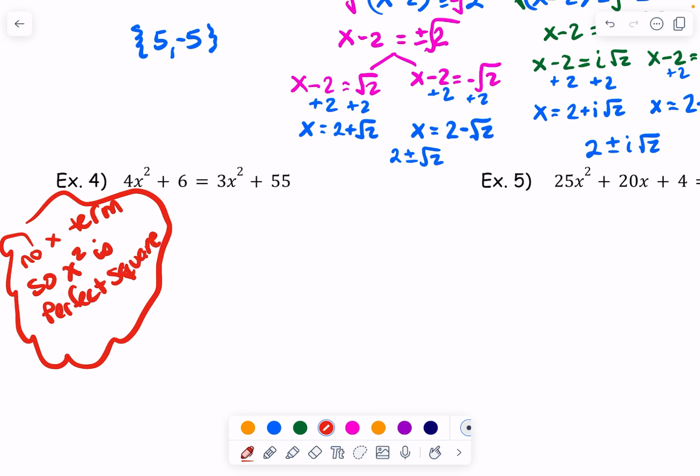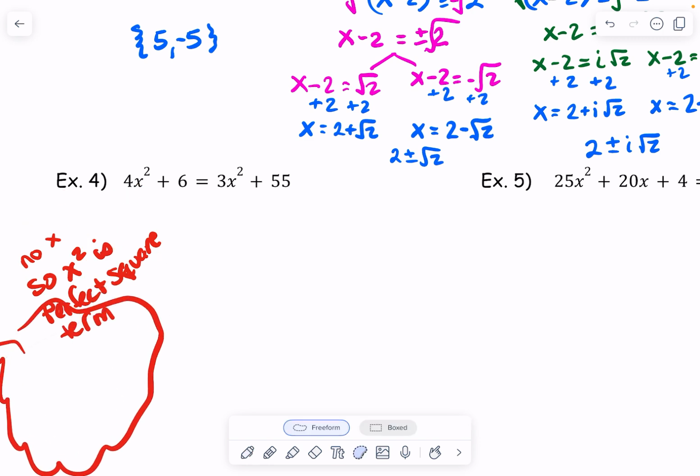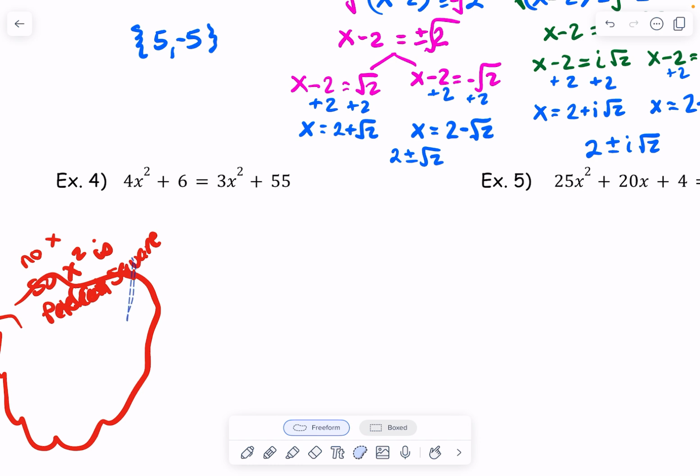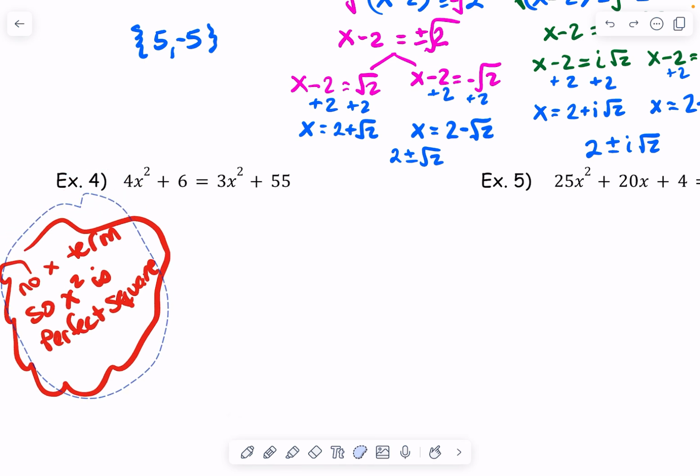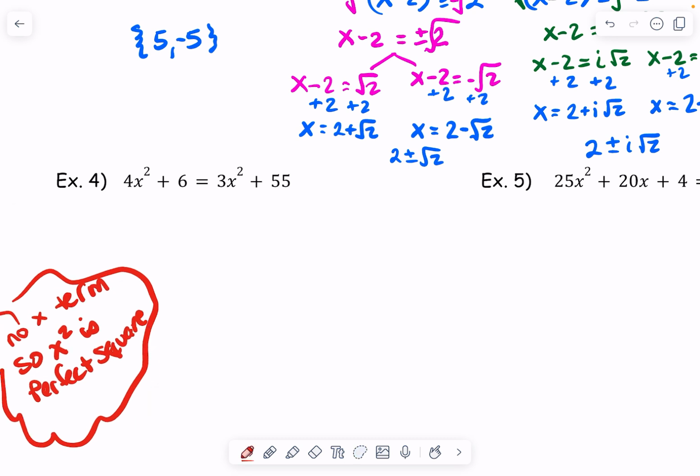Okay, so since x squared is a perfect square, we're going to focus on, let's move this down. What in the heck is going on? Here we go. Well, hopefully you can fast forward through that part, but whatever.